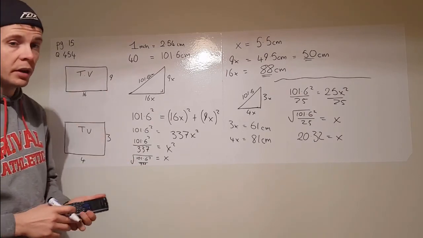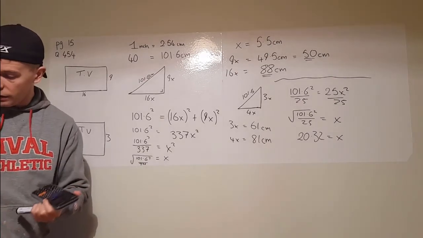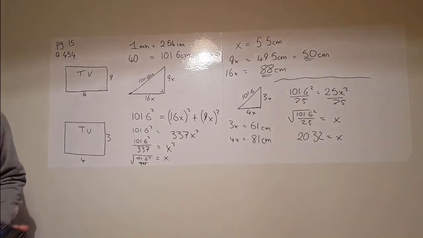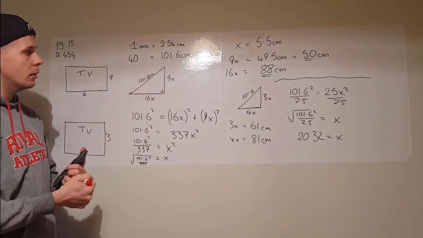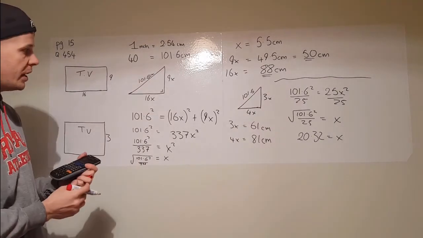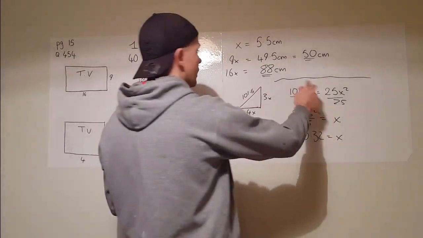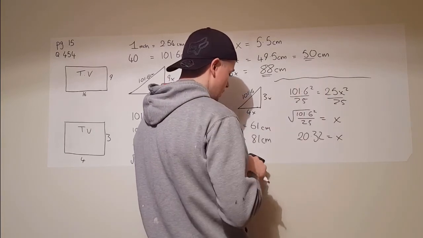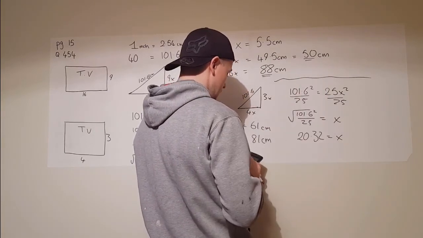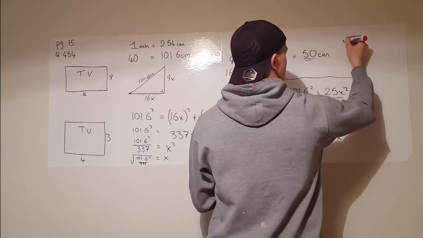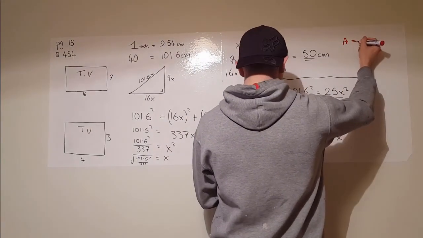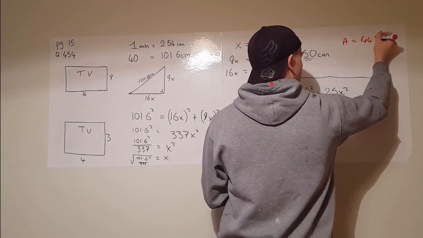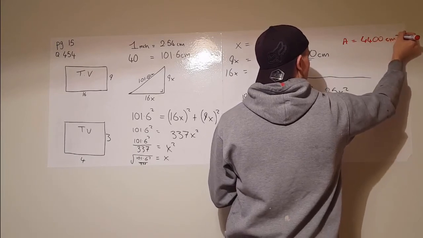Alright, so we want to find out basically the area of each one. And because we've got a small board and a lot of black marker, I'm just going to change it to red. So work out the area of this top 16:9 aspect ratio TV. Length by width, 50 by 88. I'm going to get the area here is equal to 4,400 centimeters squared.